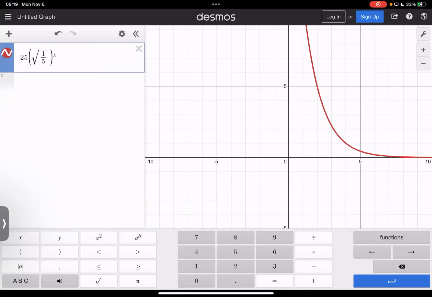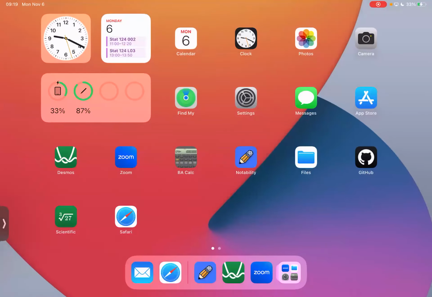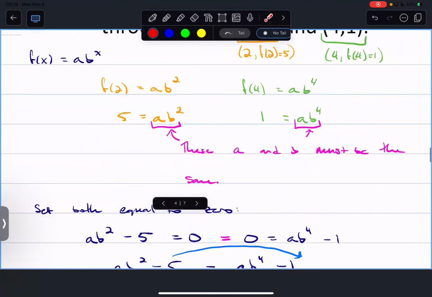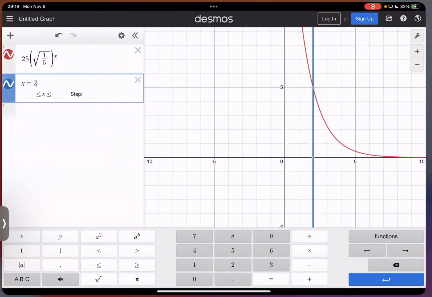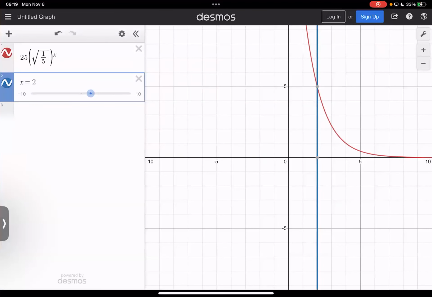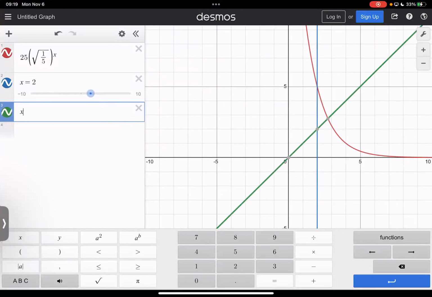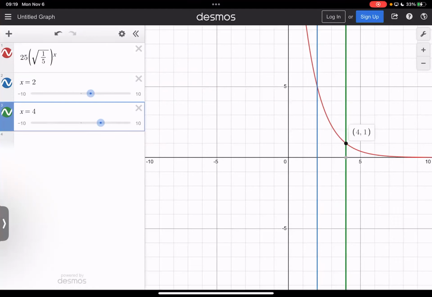It's doing it. And we had, when x was equal to, was it 2? What were the points? 2, 5, and 4, 1. So what I like to do is put x equals 2 on there and make sure it intersects at 5, and x equals 4 and make sure it intersects at 1.